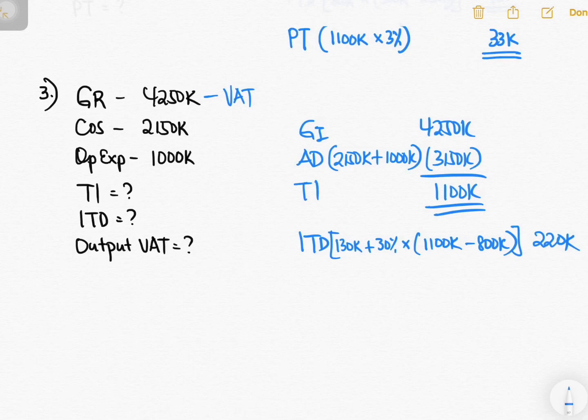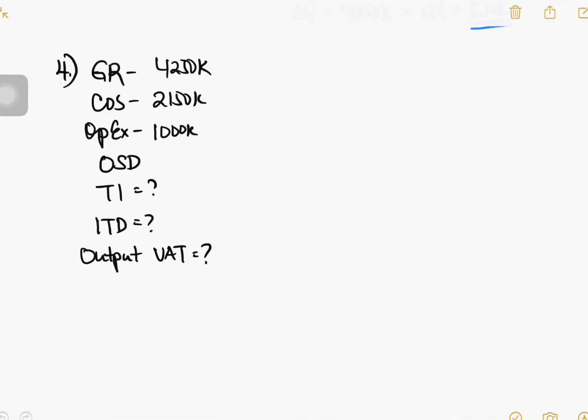Now how much is the output VAT? What's the basis for the output VAT? Your gross receipts. So 4250k times 12%. It's 510.